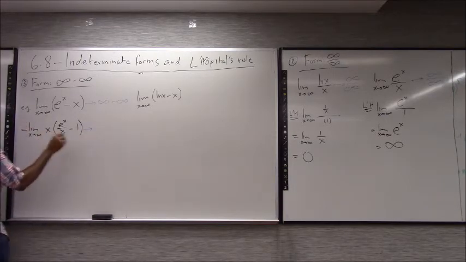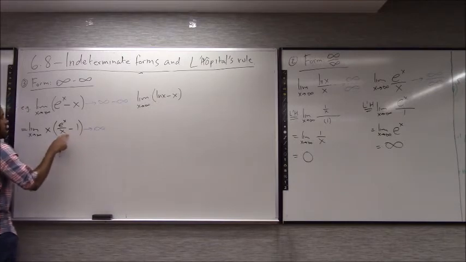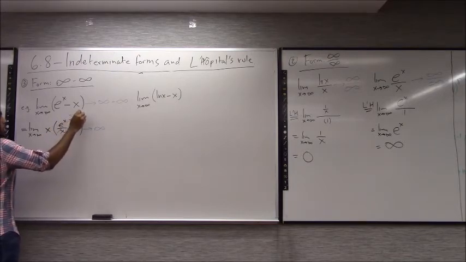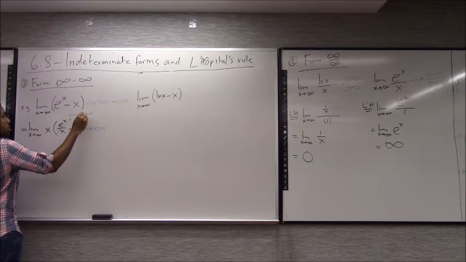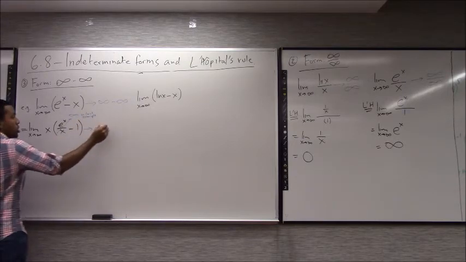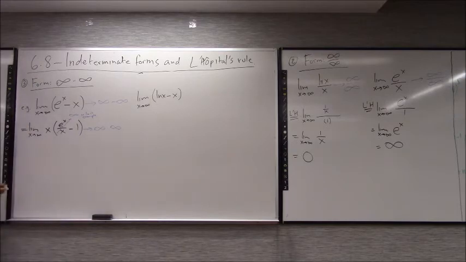What is this now approaching? Clearly this guy is still going to infinity. What about this guy? It's also going to infinity. This guy we saw goes to infinity in the last example. So this is going to infinity times infinity.